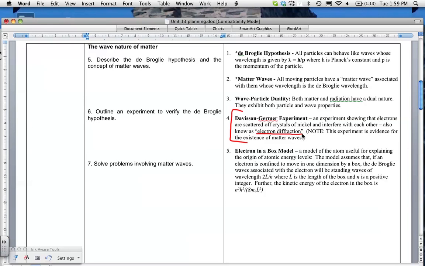Now, we can actually know certain things about the electron and then be able to verify it. And I'd just like to go through the mathematics of that.